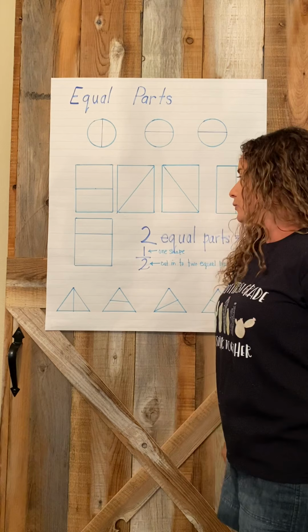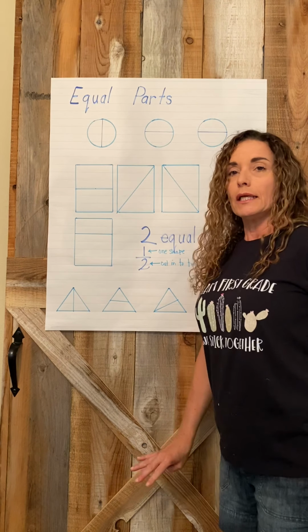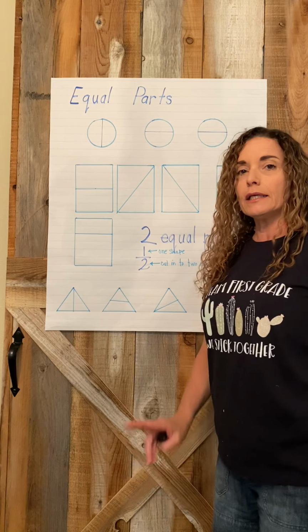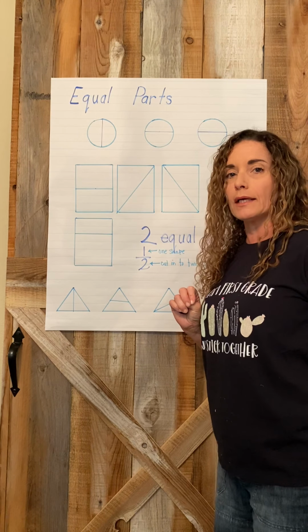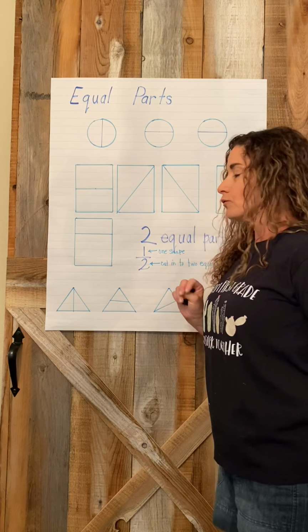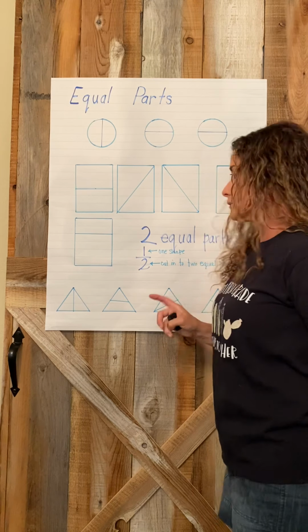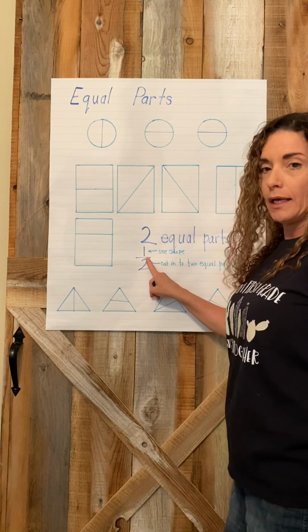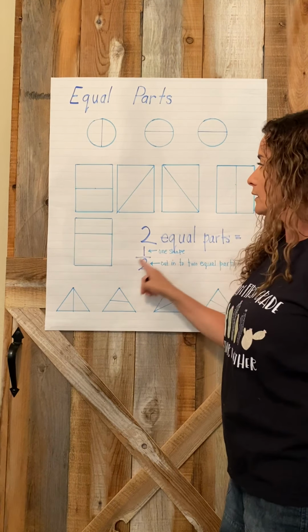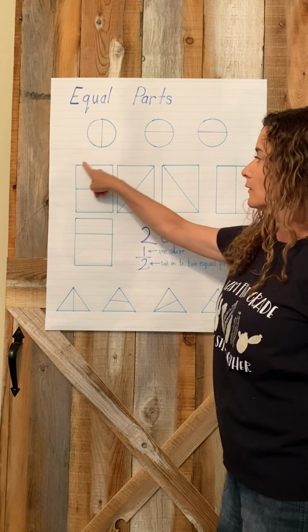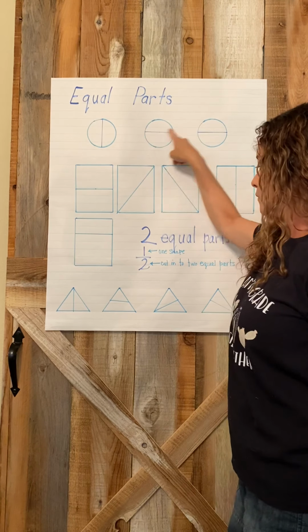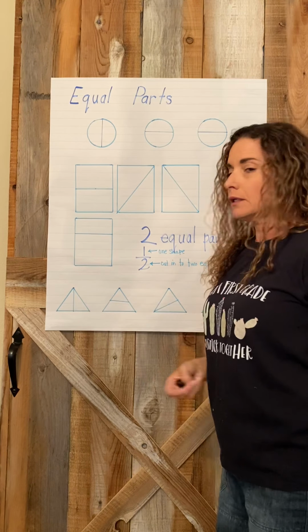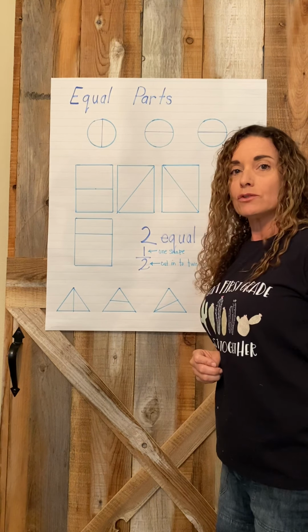Now the thing that's important to remember with equal parts is if you're cutting it into 2 equal parts, it's always going to be 1/2 of the shape. For example, this is what 1/2 means. The top number 1 means that you have one shape. So here's one rectangle, one circle, one circle, one triangle. But that is cut into 2 parts.